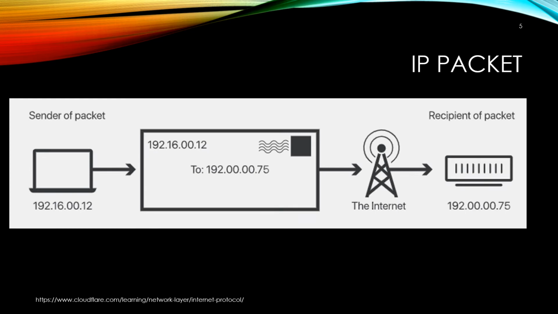So we connect through what's called the IP packet, and the IP address is a unique identifier that is assigned to a device or a domain that connects to the internet.